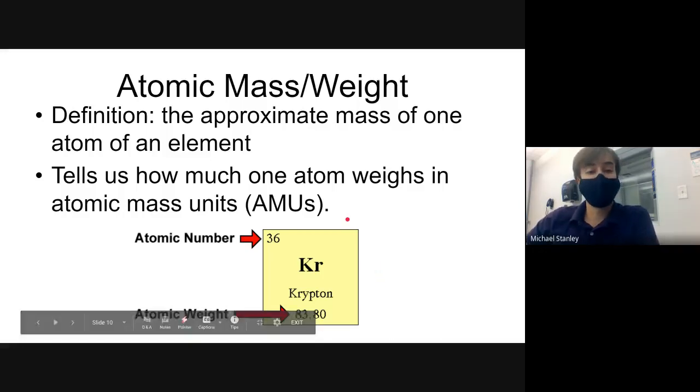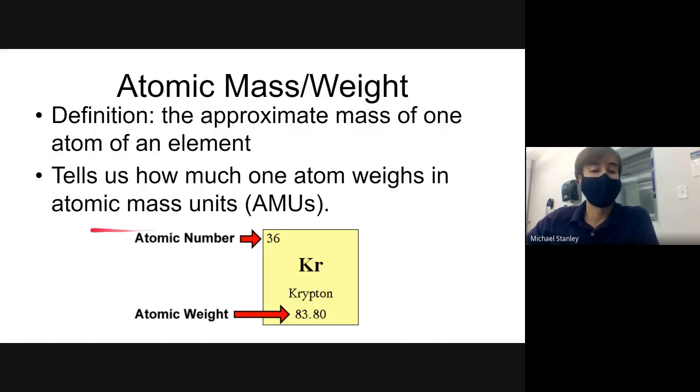Instead, scientists came up with a new unit called an atomic mass unit, abbreviated as an AMU. One AMU is essentially the weight of one proton or neutron. So a single proton weighs 1 AMU, and a single neutron weighs 1 AMU.